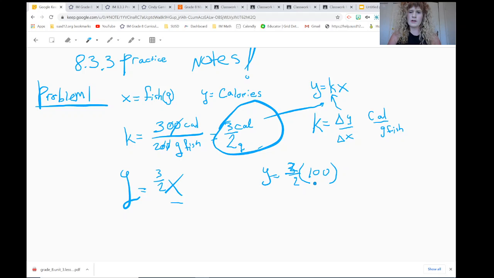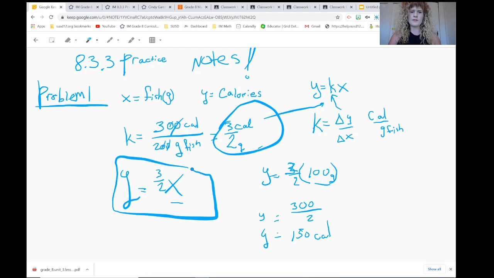If we have 100 grams of fish times 3, we get 300 over 2, and that is 150. So, let me carry down my y's here. Y equals 150 calories. That's what our equation means.